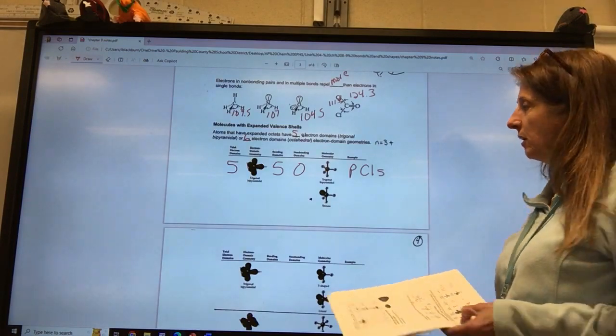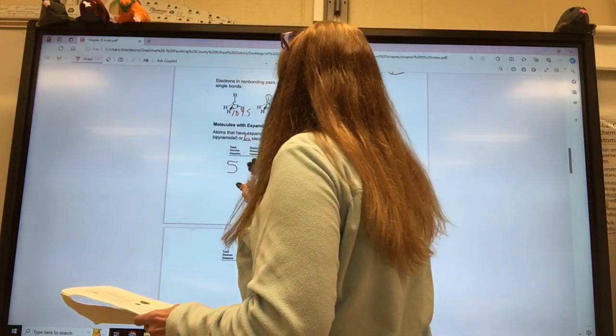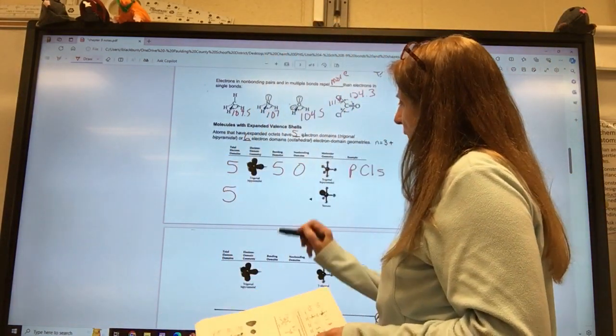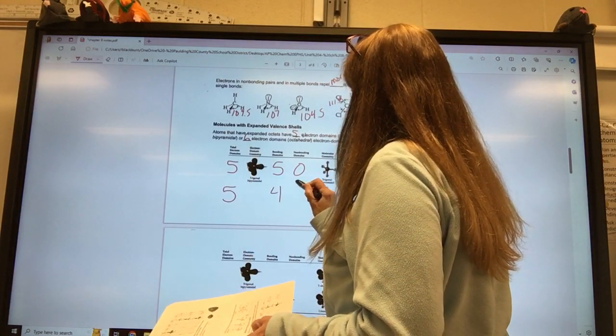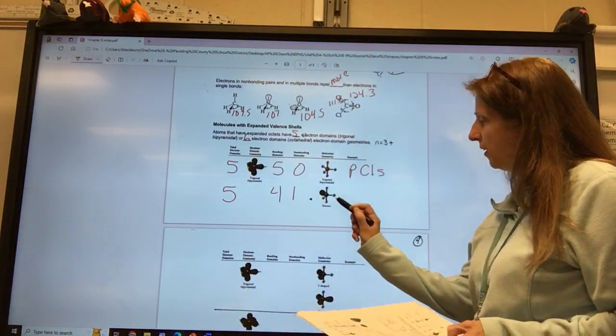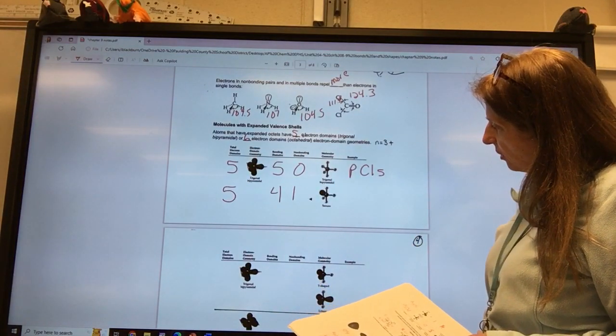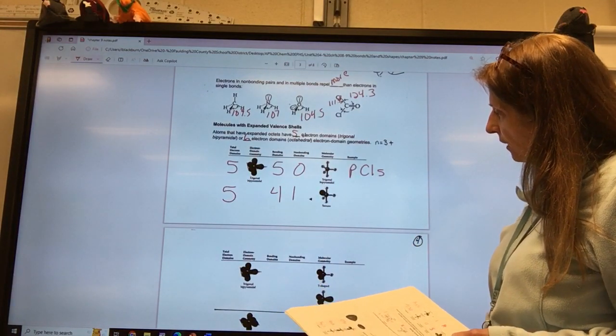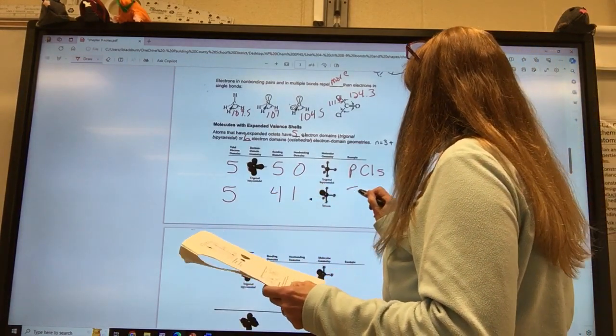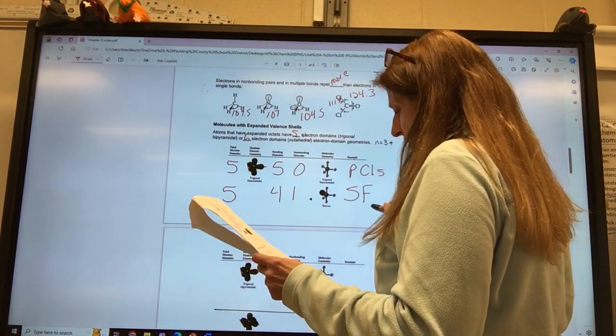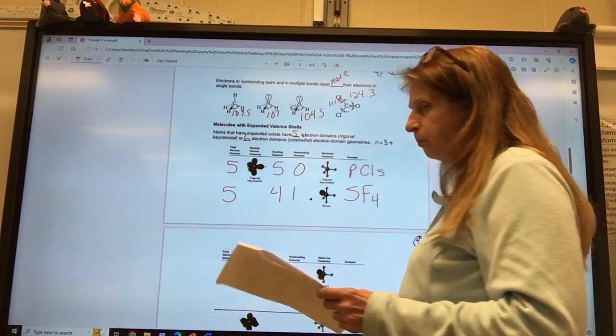We could also have 5 domains, with 4 of them bonding and 1 unshared pair like that. That's called a seesaw. It's a seesaw shape, and our example of that is SF4.